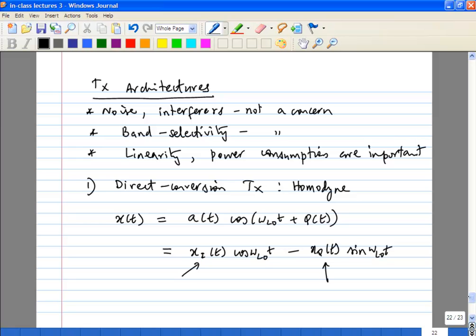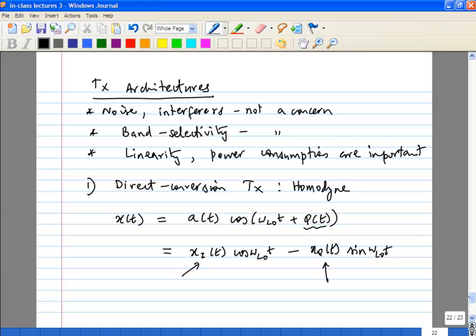If you convert it to this form, you will find that because each one depends on both A of t and phi of t, even if you have information just in the phase, you'll end up having to use in-phase and quadrature components. So there may be cases where if the information is contained only in the phase, it may be more efficient to do a polar kind of transmission.